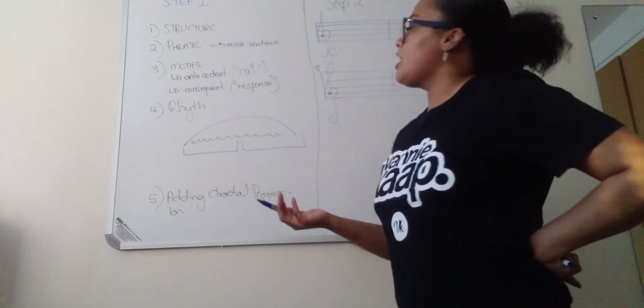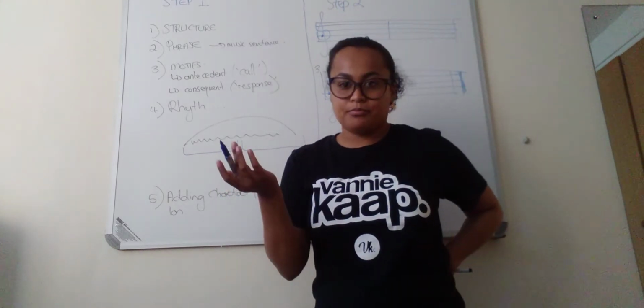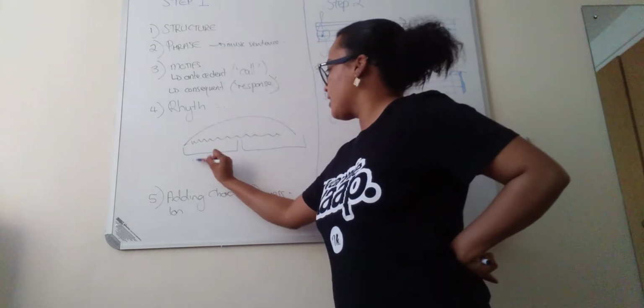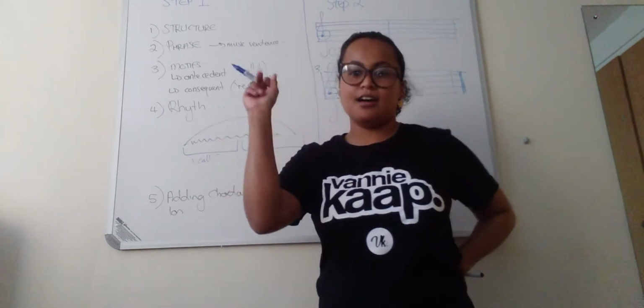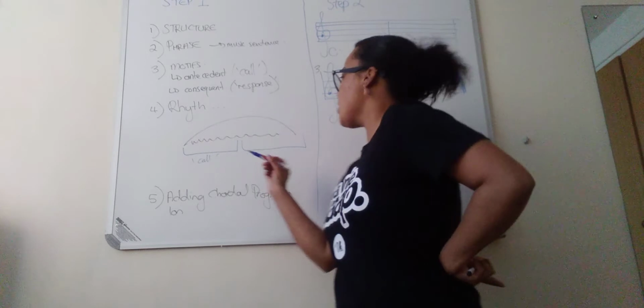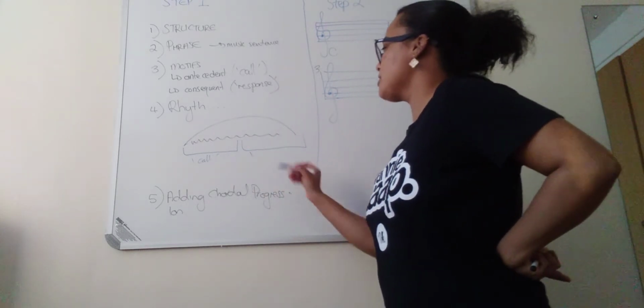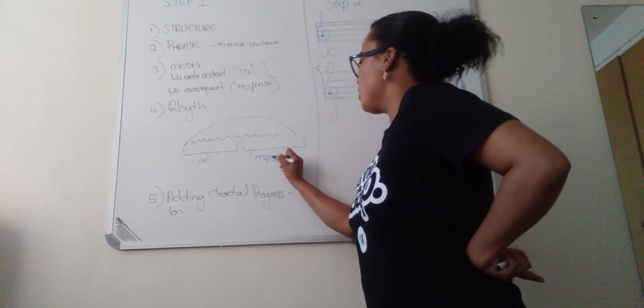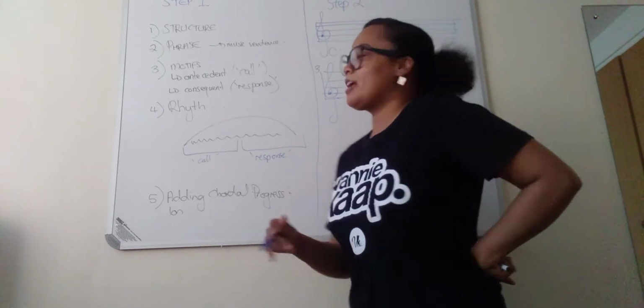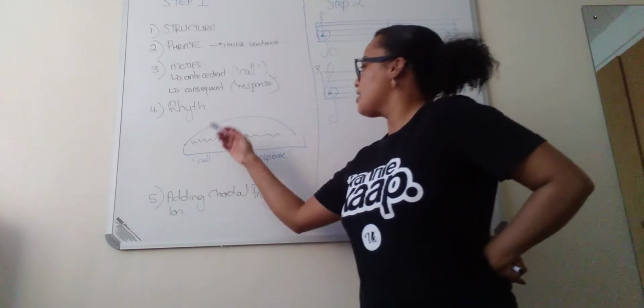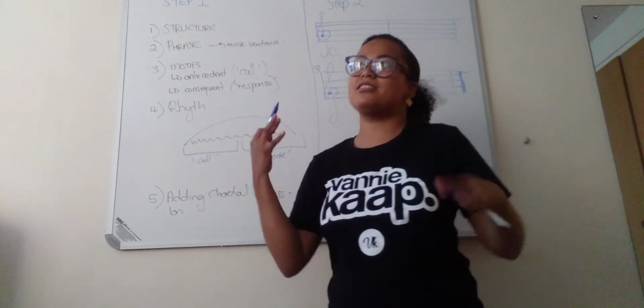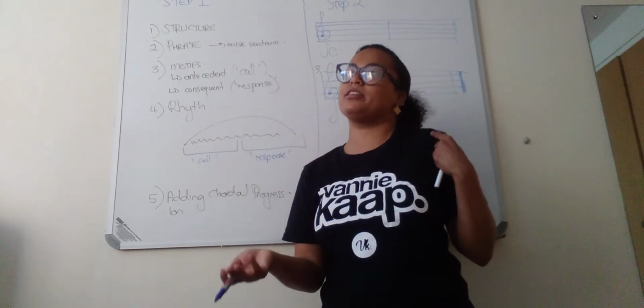The antecedent, I normally call it a call. That states or introduces something, and then you have the consequent, or the response, which is your answer. It will answer your call. So it's basically a systematic structure of call and response.